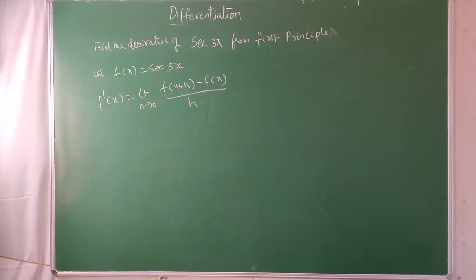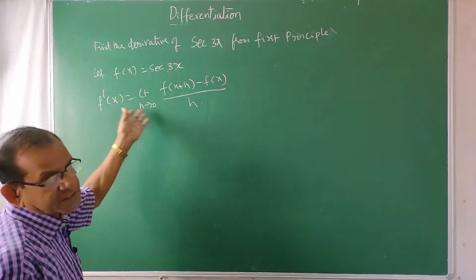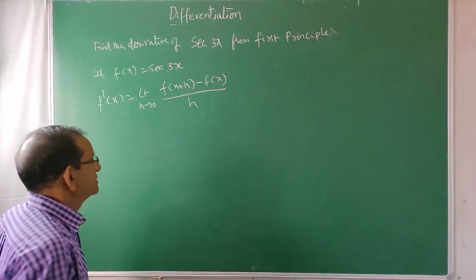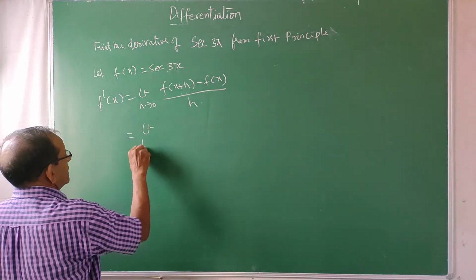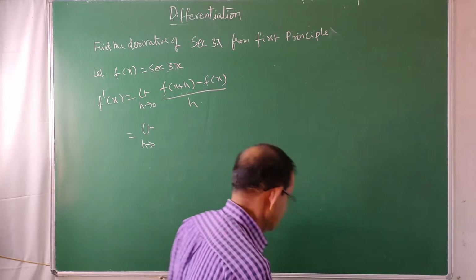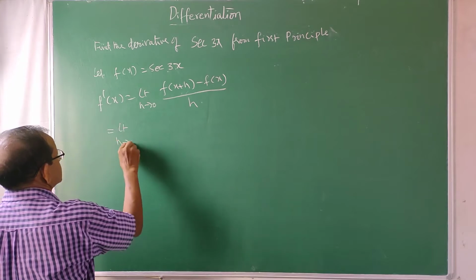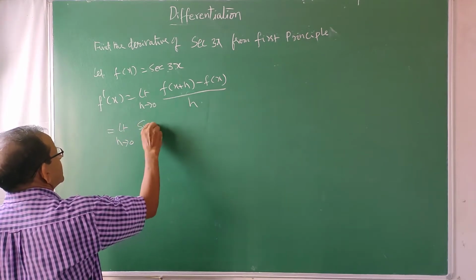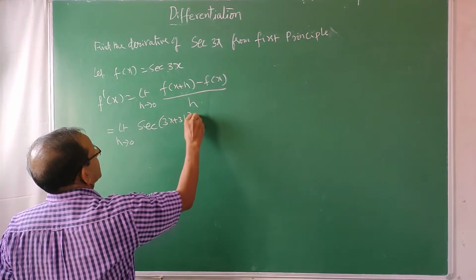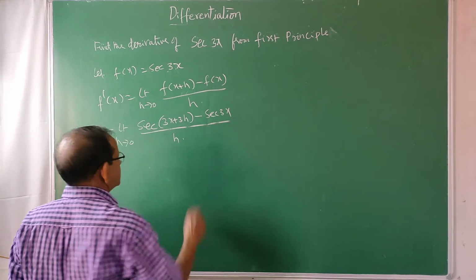Now find the derivative of sec 3x from the first principle, and f(x) is sec 3x. The f dash x formula from first principle is limit h tends to 0, f(x plus h) minus f(x) by h. Now substitute the values. Limit h tends to 0, f(x plus h) is sec 3 into (x plus h), that is 3x plus 3h, minus f(x), sec 3x, by h.